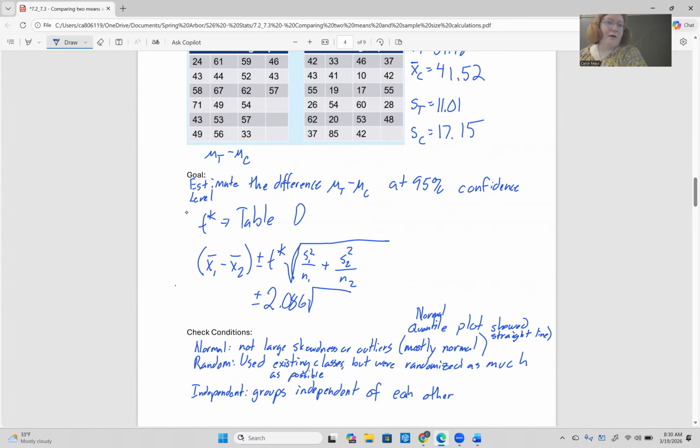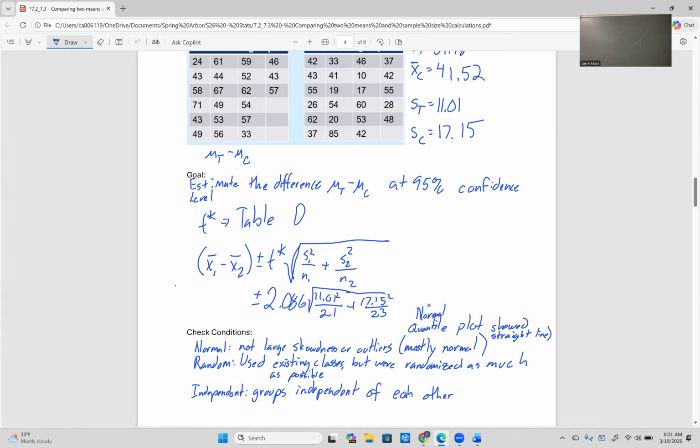The square root, I was about to say we've calculated this. No, we calculated it for different numbers. Square root of 11.01 squared over 21. There's our ST. Plus 17.15 squared over 23. That's our SC.